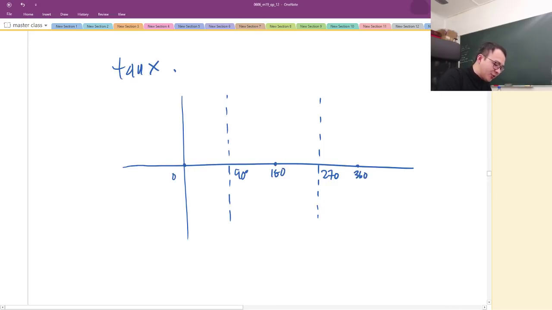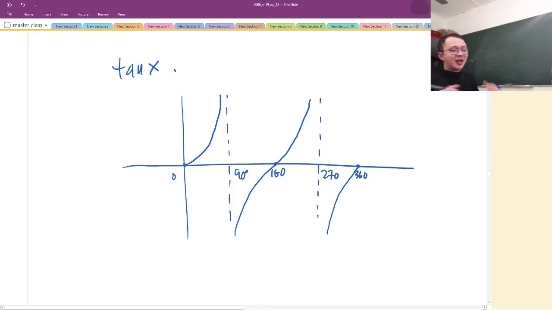So start from 0, I go very near to 90, I cannot touch 90. Then I go all the way here, I shouldn't touch the dotted line. This is how we do the tangent graph. Very simple. I think just do the dotted line because it's very important.